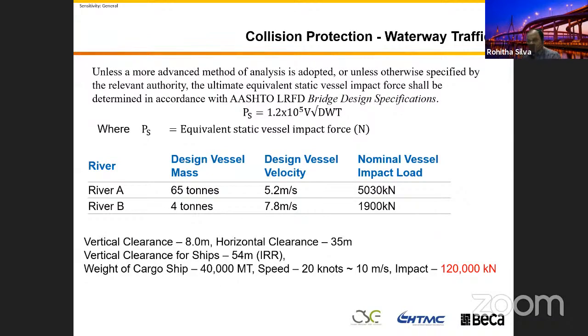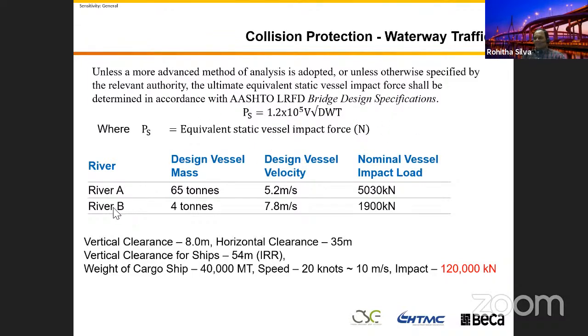There are container ships up to, in the future, 200,000 metric ton. That massive mass is moving, passing close to your bridge. To estimate if a ship somehow goes and impacts your bridge piers, the AASHTO LRFD bridge design specification gives you a way to estimate that.